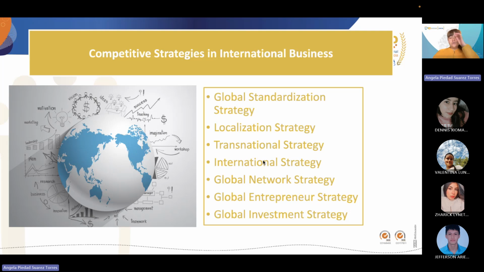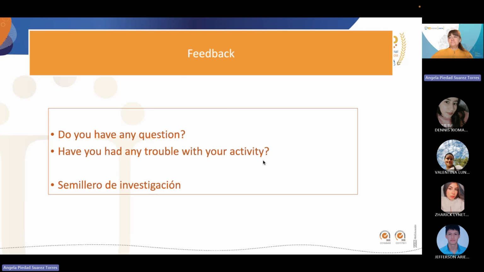So it is very important to consider those elements because regarding the size of the company and the possibility that we have in the market where we want to get in, we have to analyze which of those strategies is going to give us more tools to be able to be in the foreign market. Do you have any question by now?